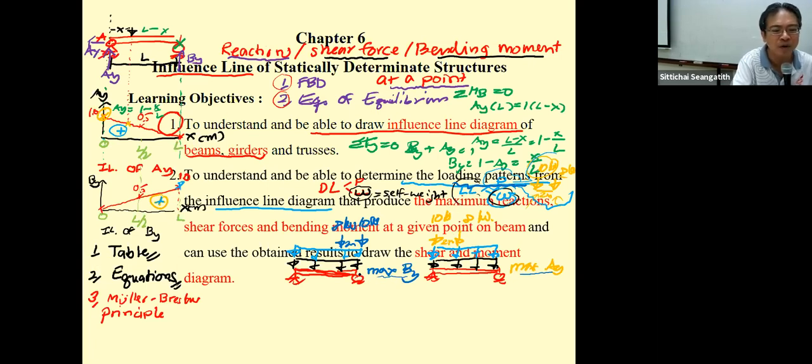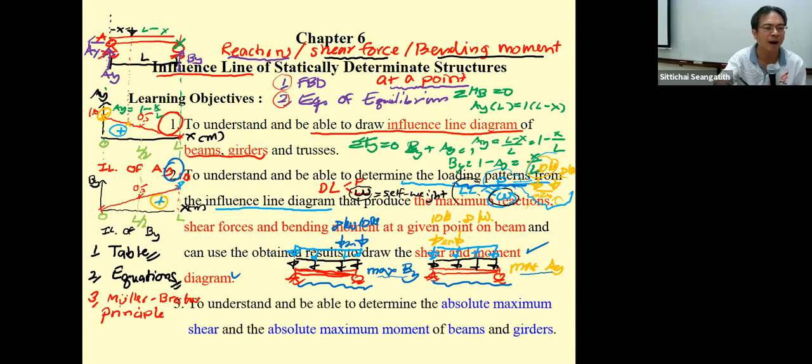And then when you get this, later you're going to be asked to draw the shear and moment diagram based on the loading pattern that you have. That's for the first problem of this chapter. It will involve learning objective 1 and learning objective 2. And the last one, the second problem of this chapter, is to determine the absolute maximum shear and the absolute maximum moment.